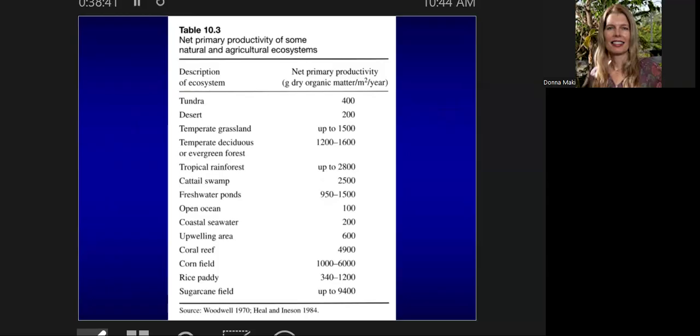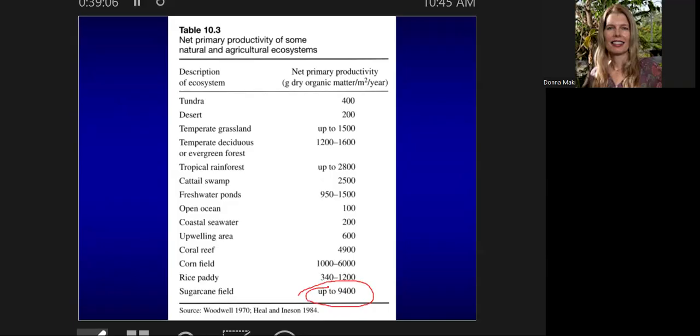Here this is just some data to get you thinking about the different habitats where you can find primary productivity differences, I guess, comparisons. So net primary productivity per year. So look at that sugarcane field.